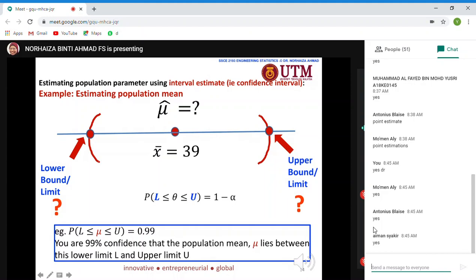But this range of values have to be special because you are confident that a percentage number, the likelihood, you have some measure of likelihood where what is that range of interval that the population mean might lie. So instead of you being cocky that only 1 point, you have a range of values that you can tell what is the estimate of your population mean.